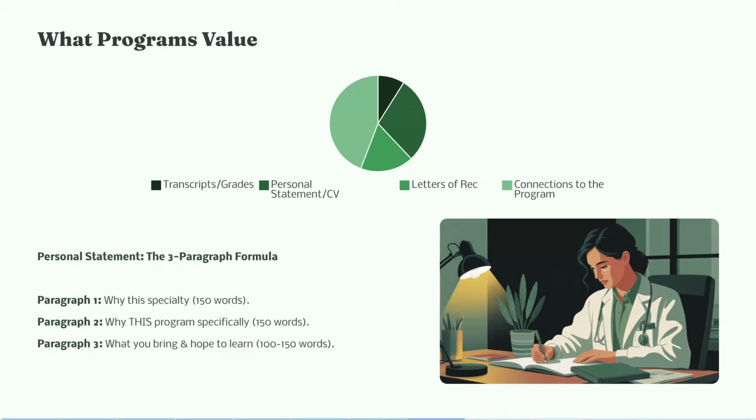A lot of programs are on social media and they're showcasing different aspects that they highlight about the program, about the residents, about their wellness events, their simulation lab, whatever it is that they're doing. Learn about it. You could talk about it in an interview. You could talk about it when you're rotating there. These are all valuable things to come in with. You have to prep for this and be as strategic as possible. And the more of that information you have, the better off you're going to be.